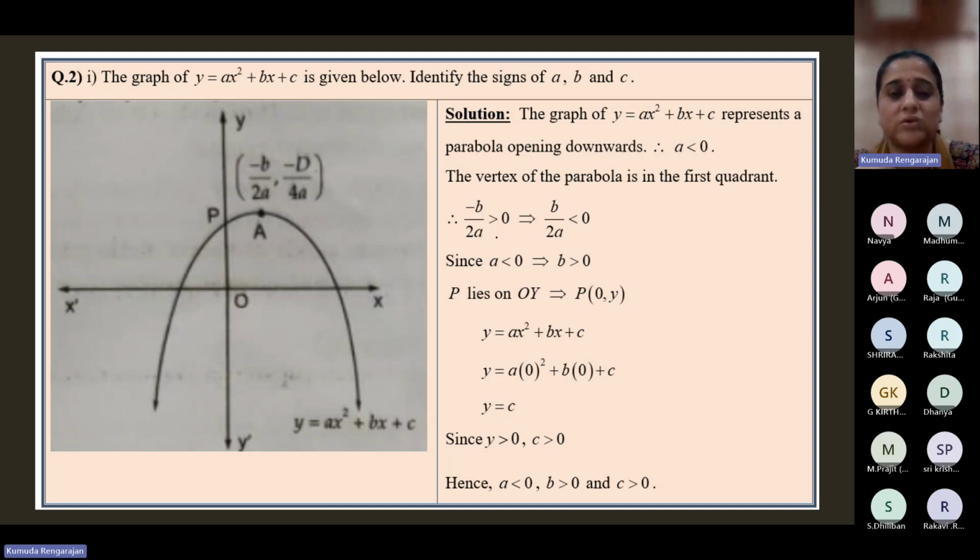Minus b by 2a is greater than 0, meaning it's positive. This one, it's negative. So I'll use the terms positive, negative. And when you write, when it's positive, you can use greater than 0, and when it's negative, you can say less than 0. But I'll not explain using these inequalities.